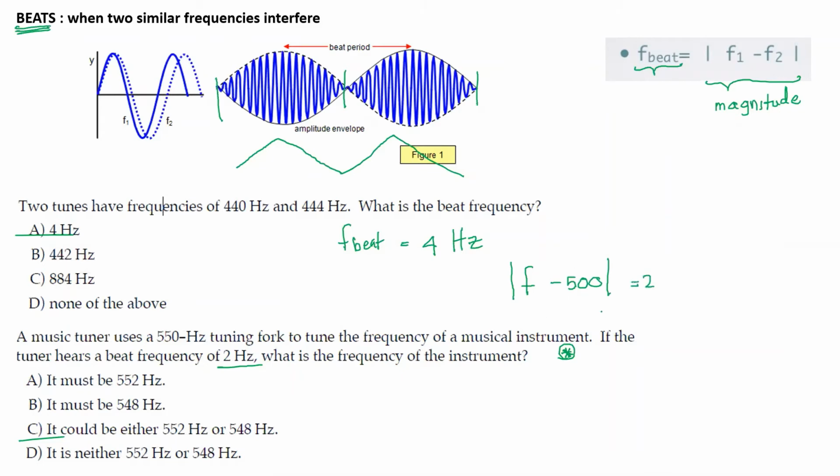So he has been able to come very close to 550, but we don't know whether it is higher or lower than 550. So it can be 548 or 552. Both give the difference 2, right? So it can be either. Your answer is C.